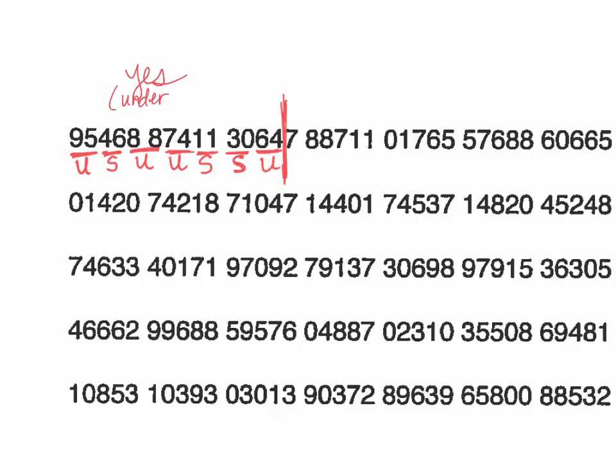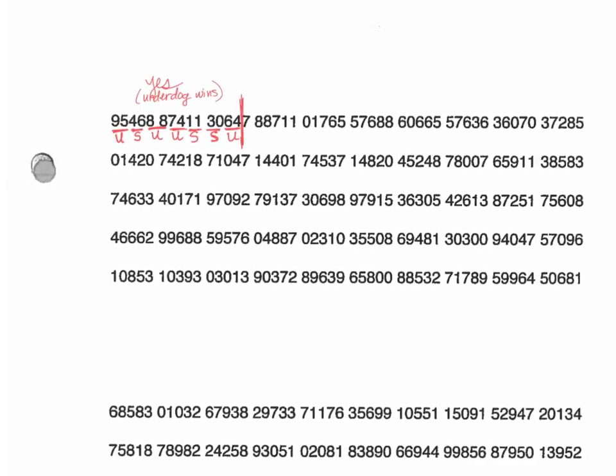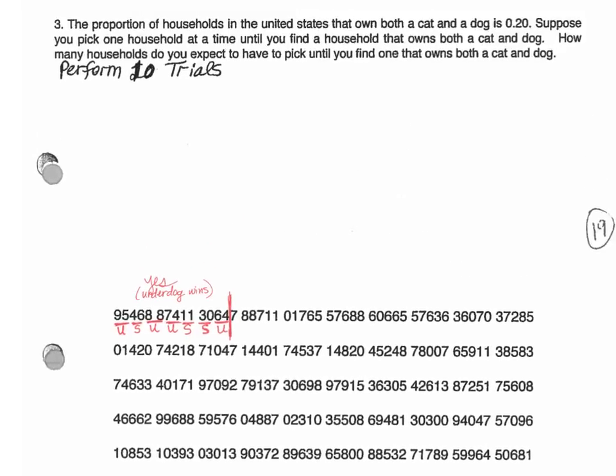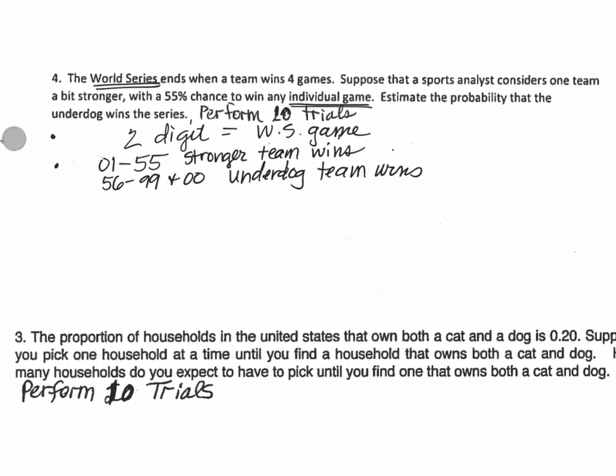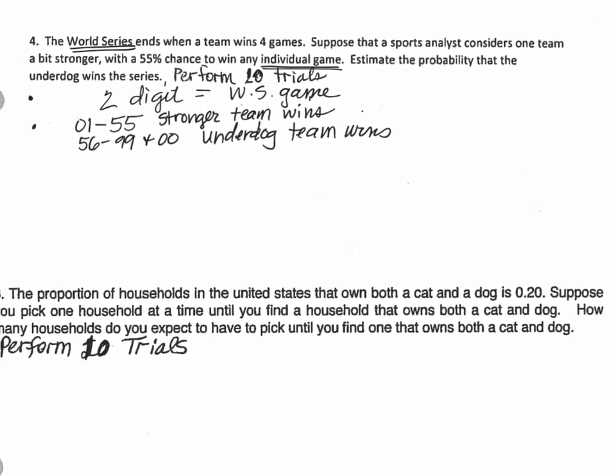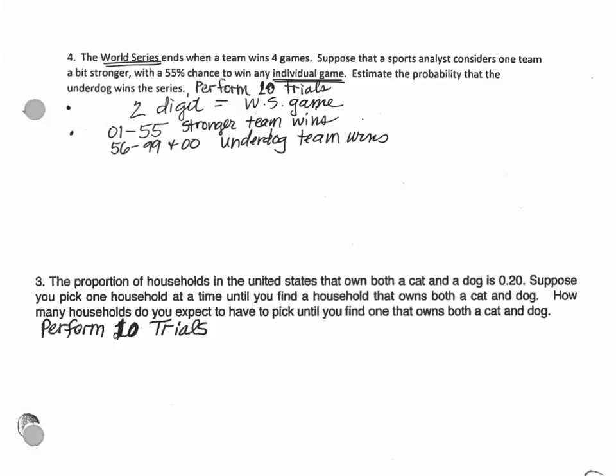So that's the response that you are going to do. Yes or no. This one did not ask me what's the average number of games played until the underdog wins. Okay, so that's how you do that one, and then I'll let you finish it out. But that's your assignment. I just kind of wanted to get your brain thinking in the right direction on those, and we'll check those tomorrow and practice on those tomorrow.